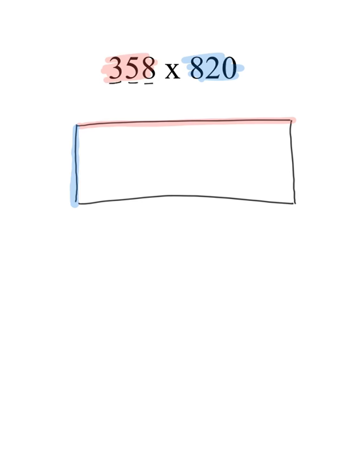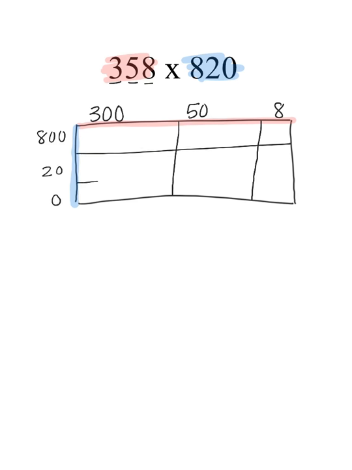So for 358, I can break that into 300 plus 50 plus 8. For 820, I can break that up into 800, 20, and 0. So my box ends up being a 3 by 3 box, 3 rows and 3 columns.